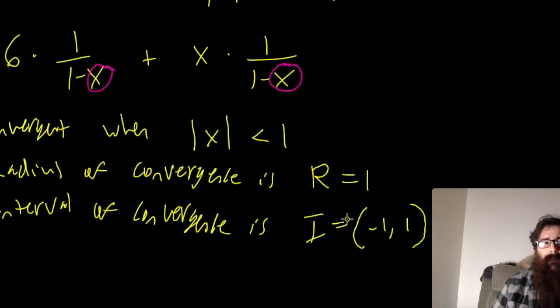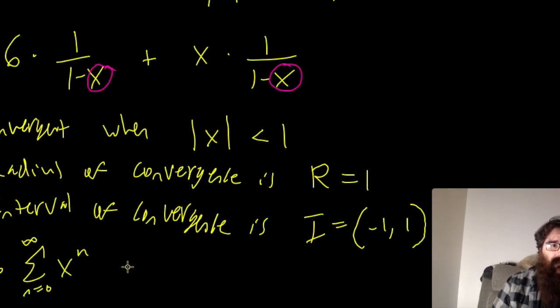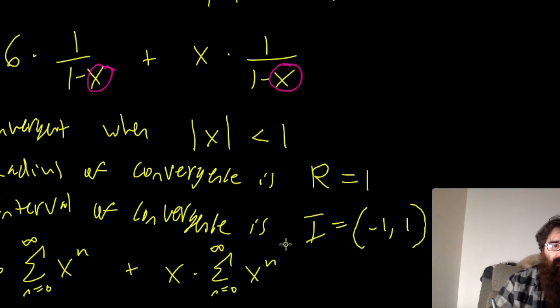Now I want to write my power series. And when I go to write my power series, this is where we're going to see a bit of an issue. Don't forget about the coefficients. So here I have 6 times the sum from n equals 0 to infinity of stuff to the n, which is x to the n, plus here I have x times the sum from n equals 0 to infinity of stuff to the n, which is also x to the n.